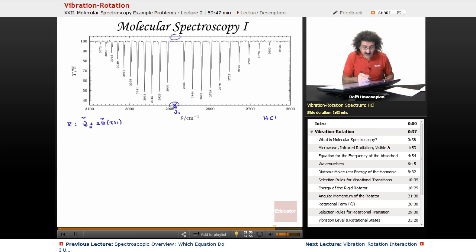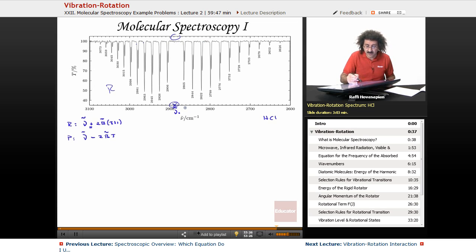The fundamental frequency plus a certain amount, that's the first transition, plus a certain amount, that's the second, the third, the fourth, the fifth transition. So as the frequencies go up, that's the R branch. This right here is the R branch. Over here, the frequencies go down. The P branch is the fundamental frequency minus some value as J increases.